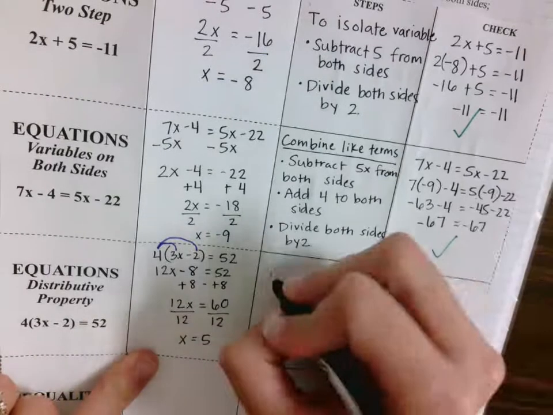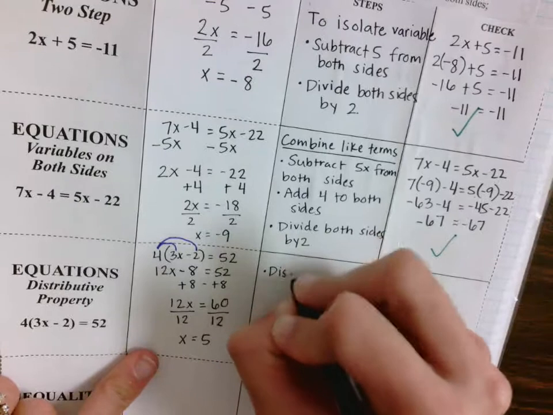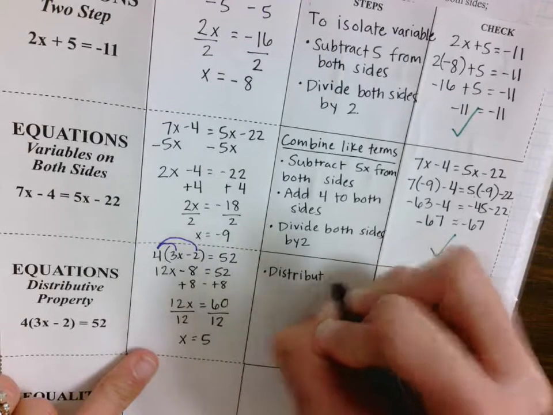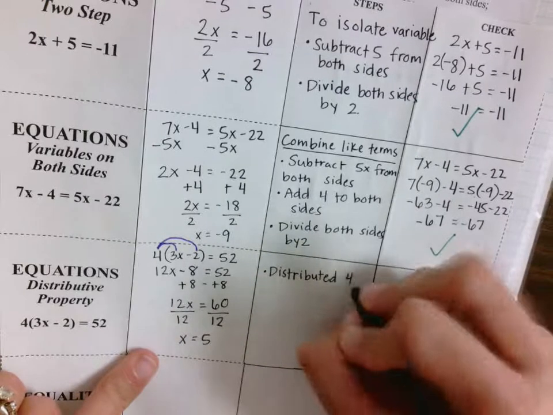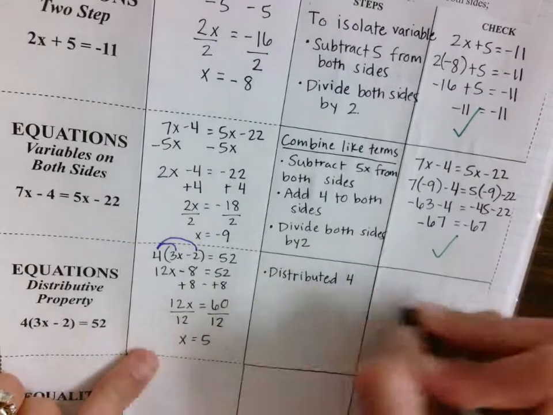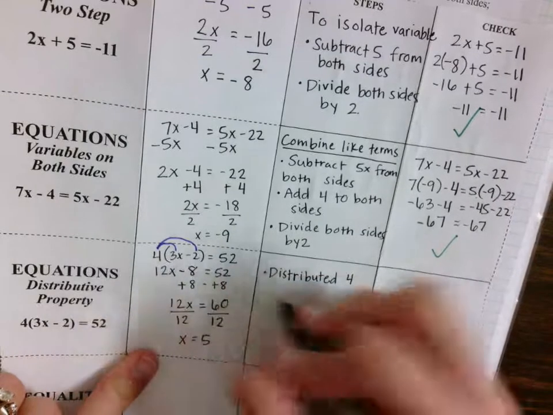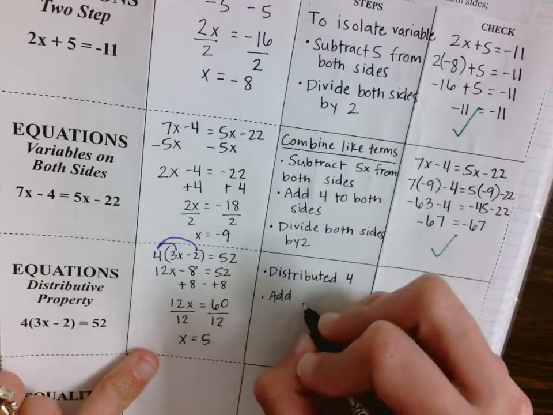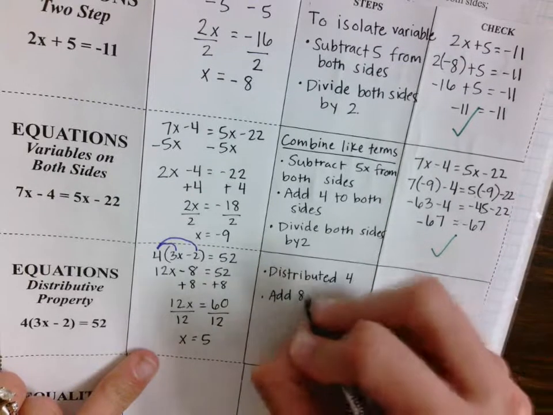So the steps on this one, what we did was we distributed 4 to both the 3x and the negative 2, and we added 8 to both sides.